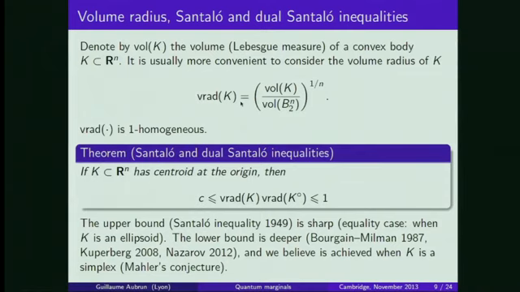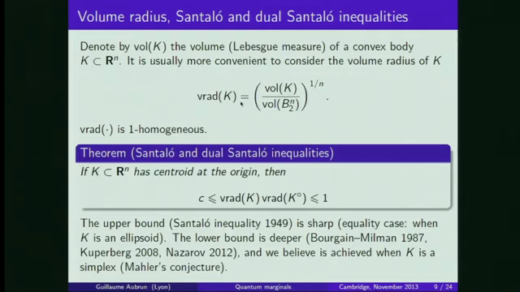Whenever you have any convex set in R^n, with the assumption that K has its center of gravity, the centroid, at the origin, then this volume product is bounded above by 1 and bounded below by some absolute constant c, maybe pi over 8. No, c is... I think pi over 8 works. So this is the point. If you want c to depend on n, it's much easier.